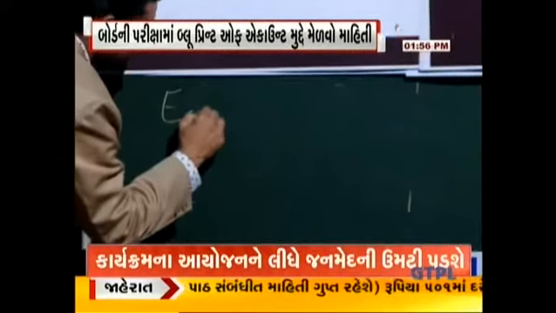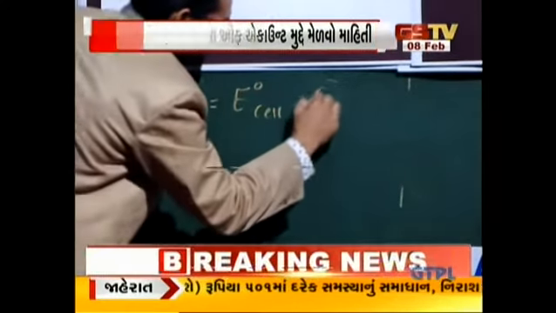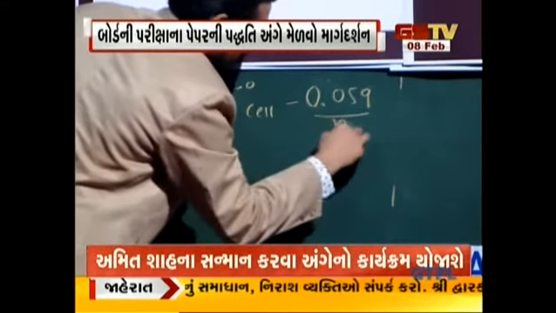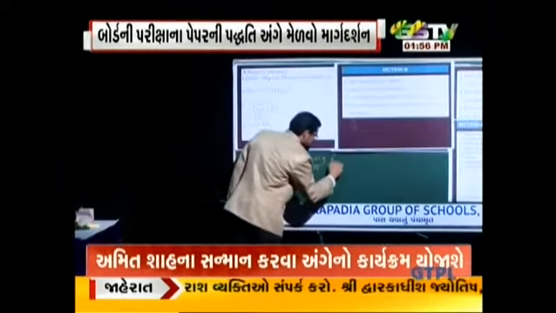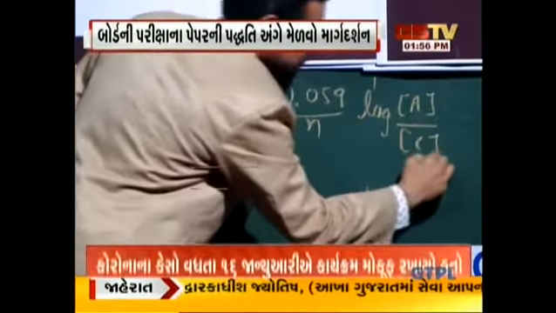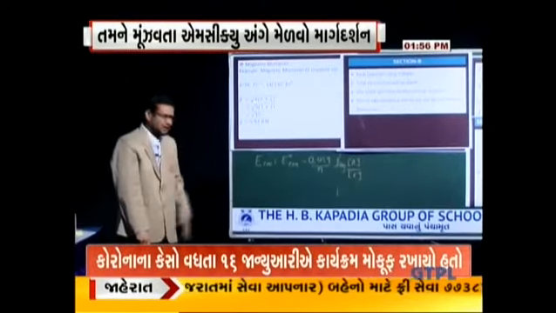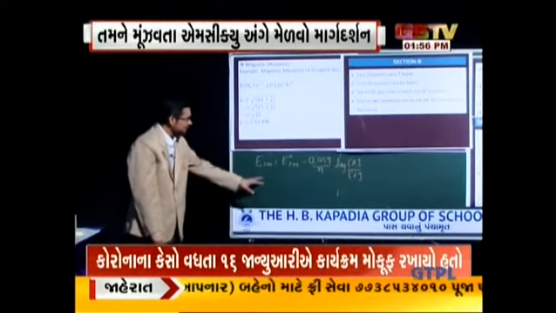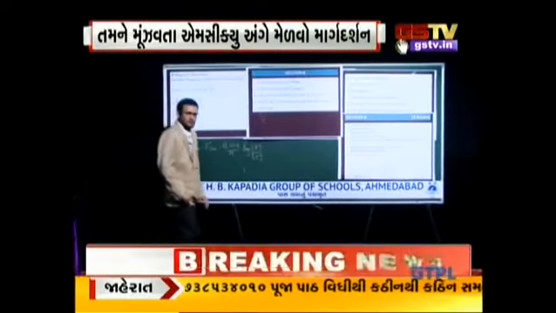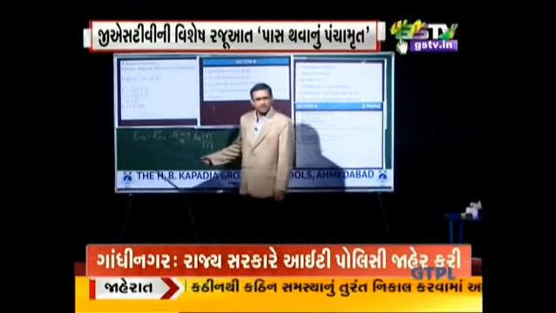E cell is equal to E naught cell minus 0.059 upon n, log anode upon cathode. This is the Nernst equation, and it is very important to solve 3 mark questions. Okay students, so we will continue our 3 mark section in our next session.